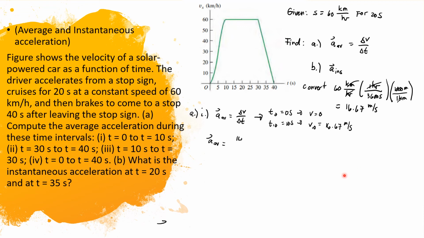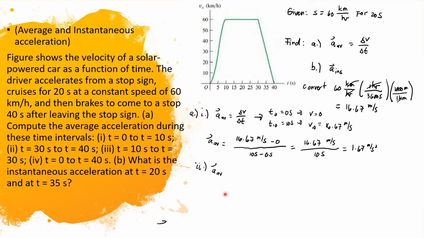Now, our average acceleration is 16.67 minus 0, over 10 minus 0, and this is equal to 16.67 meters per second over 10 seconds, and this is equal to 1.67 meters per second squared. And this is the average acceleration at this time interval.